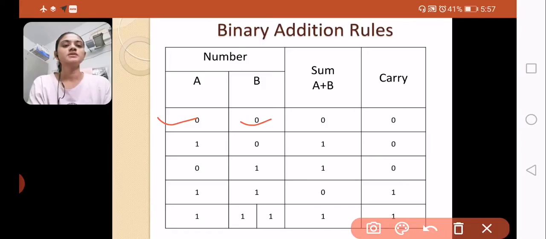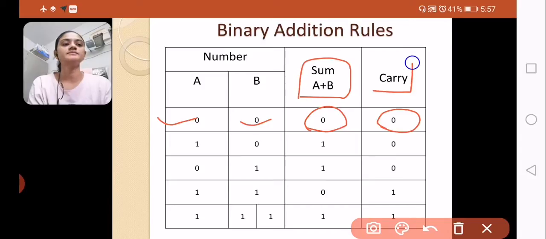So let us take the first combination, that is 0 0. 0 plus 0 will give sum as 0 and carry as 0. Here two terms are there, sum and carry.